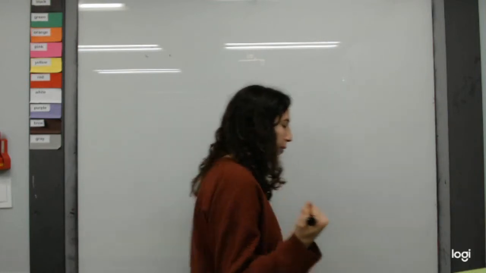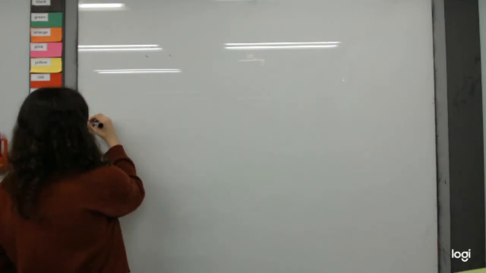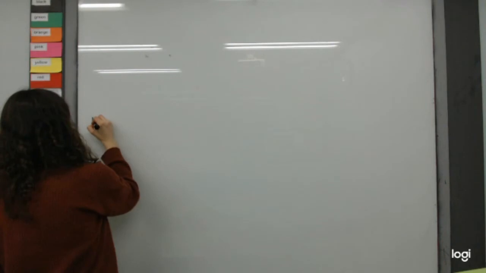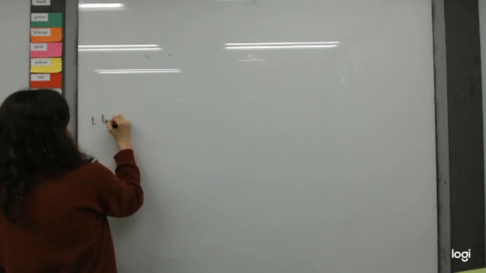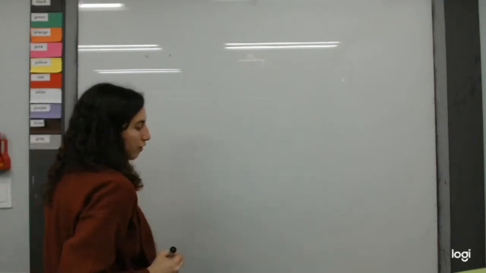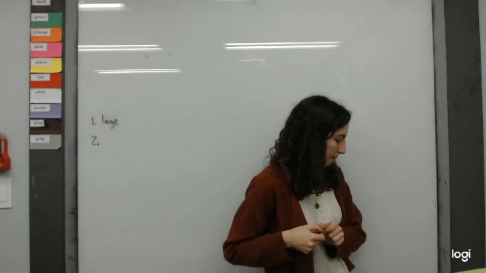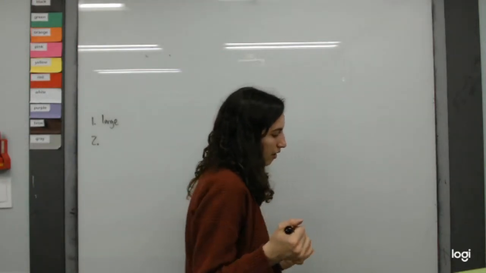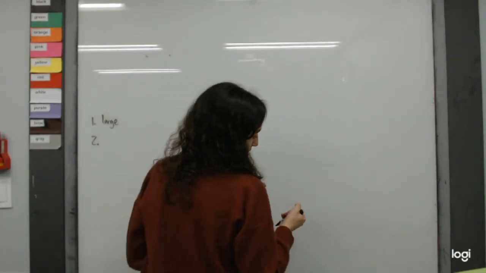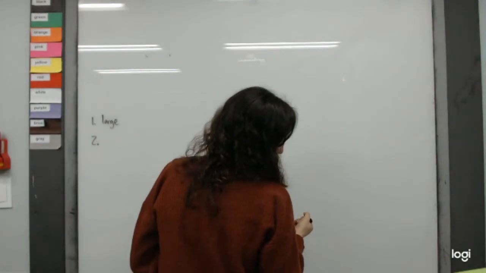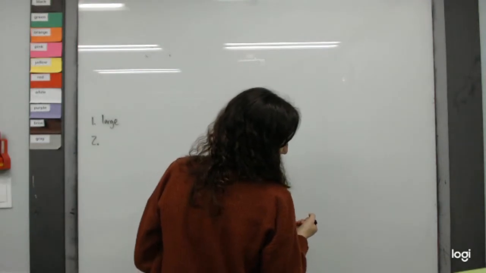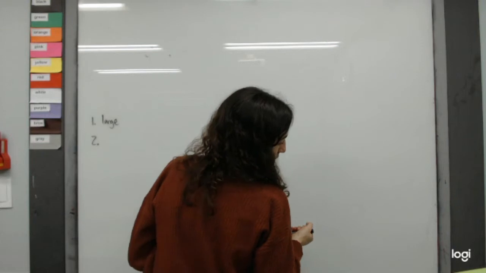All the dodos are dead, so we use past tense to talk about dodos. So we can say, the dodo had a large head, number 1. Number 2, with the information from the reading, the dodo wasn't a flying bird. What does it say in the book?